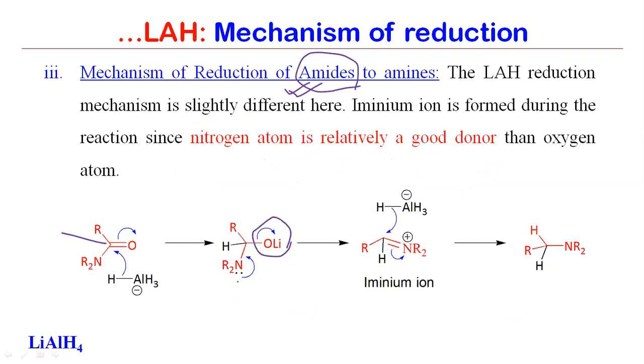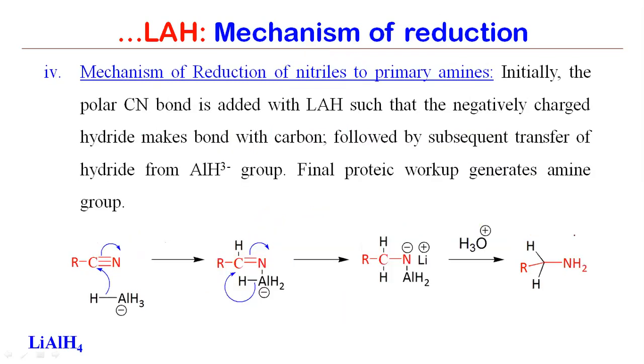And we know that this nitrogen atom acts as a good donor atom, because the electronegativity of nitrogen is lesser as compared to oxygen, so it can easily donate its lone pair, and it will give rise to formation of iminium ion. So this is very interesting, because this is the first time we have seen that this oxygen species is actually eliminated. After this, attack of hydride takes place, and the formation of the substituted amine takes place, not amide.